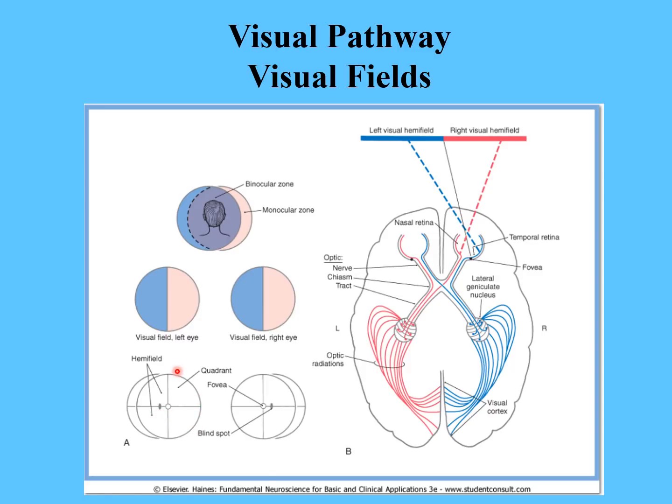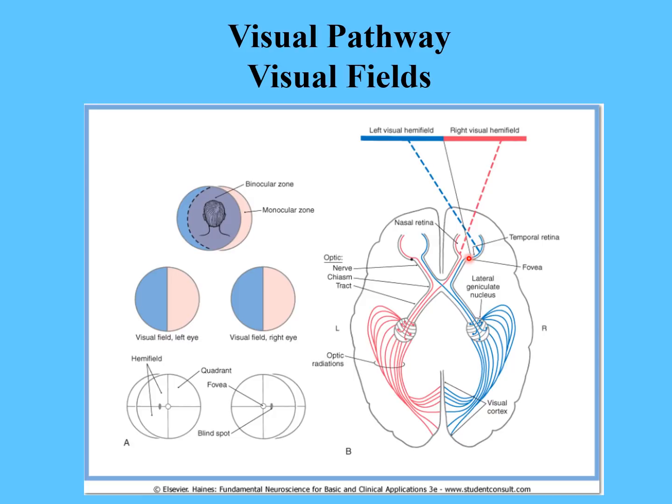Now, we'd like to follow the pathway from a given eye, in this case the right eye. As it looks out on the world, the left visual hemifield comes into the eye, and because of the lens, it's picked up by the right side of the retina of the right eye.